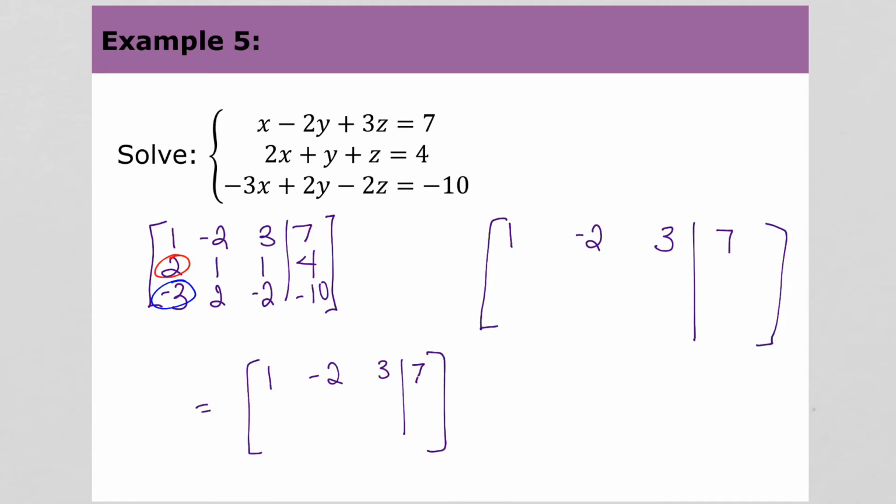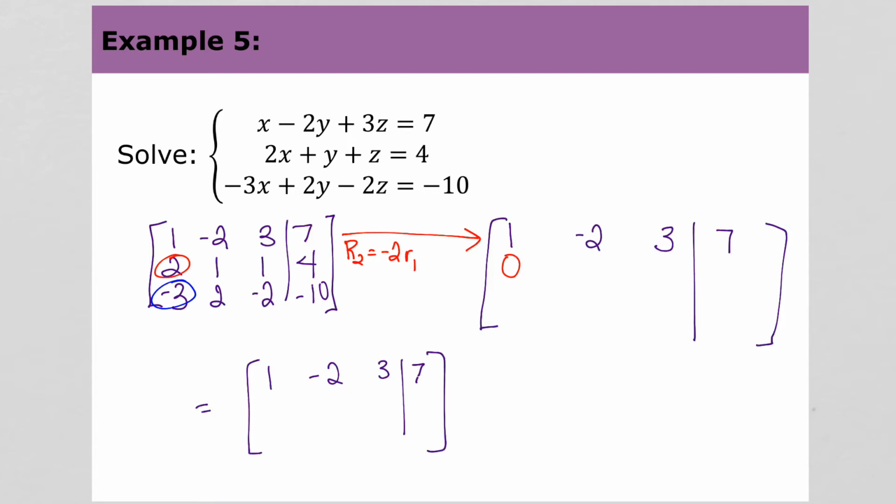So we need to get a 0 here. So let's focus on that. How do you get a 0 there when there's a 2 right now? 2 minus 2 is 0. So we take advantage of row 1. So in row 2, we're going to multiply row 1 by -2.